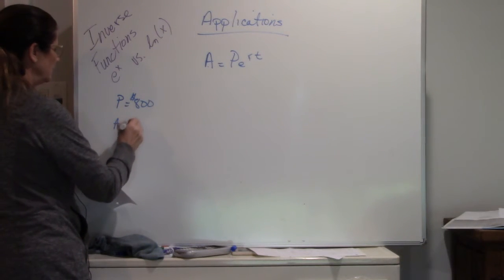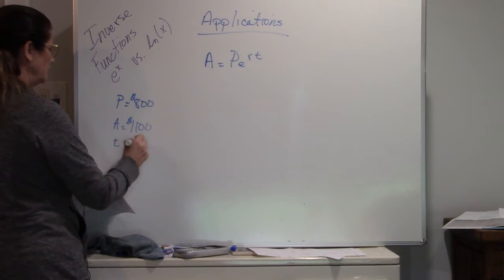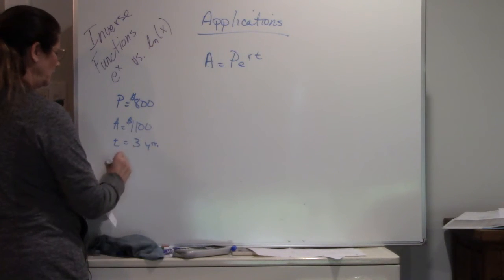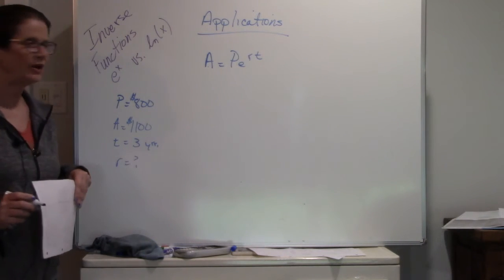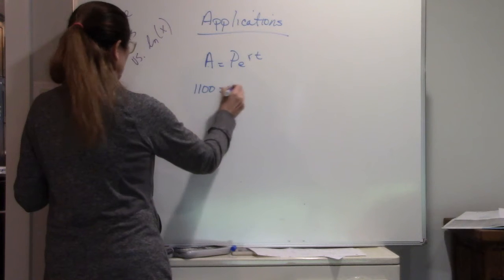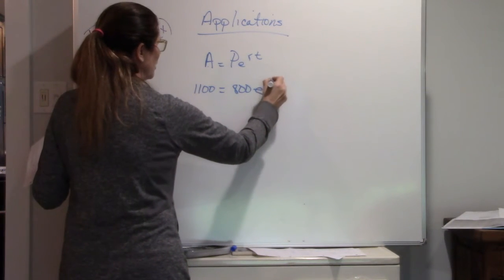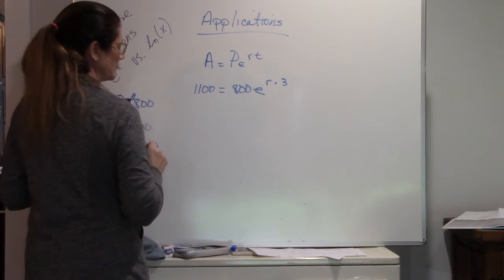He ended with $1,100 owed. The time was 3 years. We are looking for the rate, okay? So we're just going to plug in our values. So 1,100 equals 800 e raised to the R times 3.